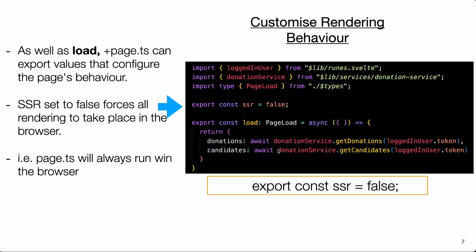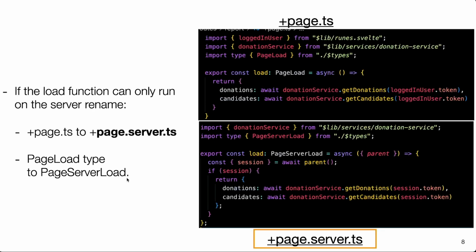Now, there's one more interesting feature available here. If we would like the page to always run on the server and never run on the client, so the page code, if you like, the data fetching component is only to ever be available or running on the server, we can call the ts file +page.server.ts.